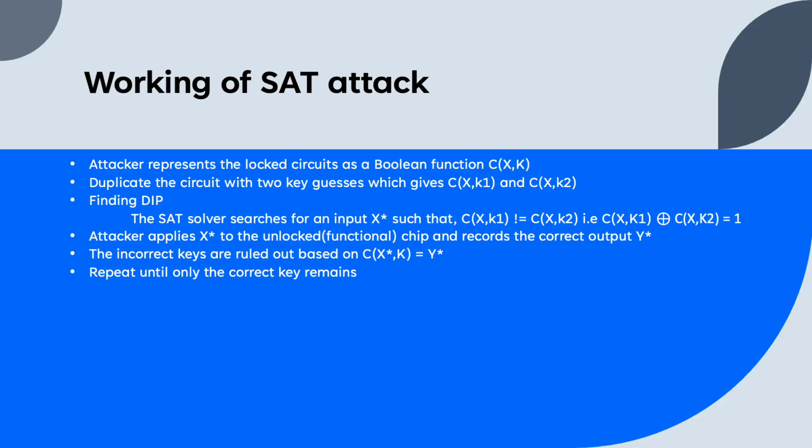The SAT solver searches for an input x star such that the two functions C(x, k1) and C(x, k2) do not equate. The attacker wants to find an input where different keys k1 and k2 produce different outputs.